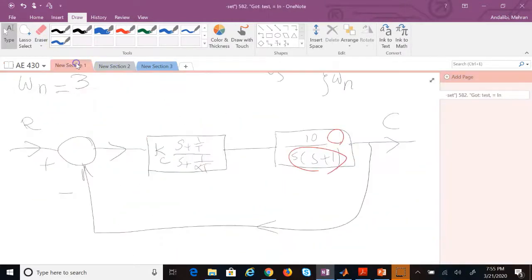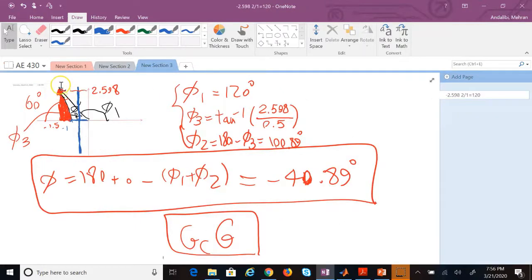The new transfer function for me is now what? If this is G and this is GC, the new open loop transfer function is GC times G, H is 1. So the angle of this whole thing at this new location should be what?